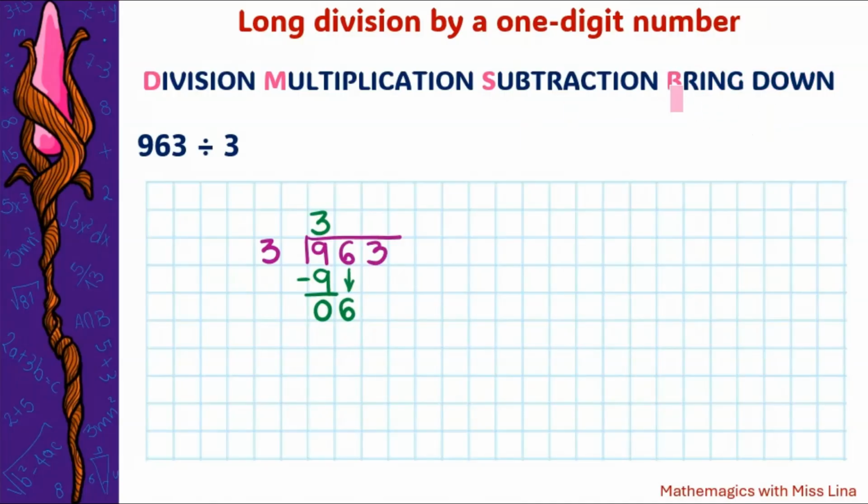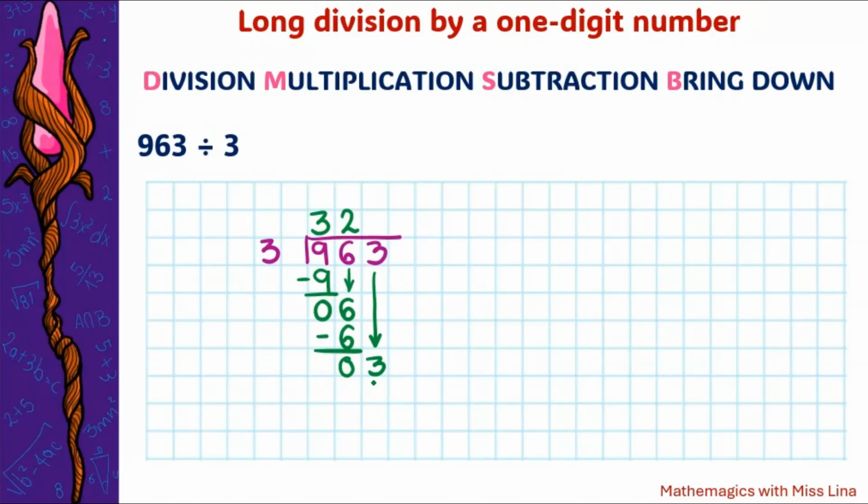Once we finish the cycle, we start over again doing the division. 6 divided by 3 is 2. 3 times 2 is 6. 6 minus 6 is 0. And we bring the next digit down, the 3. And repeat.